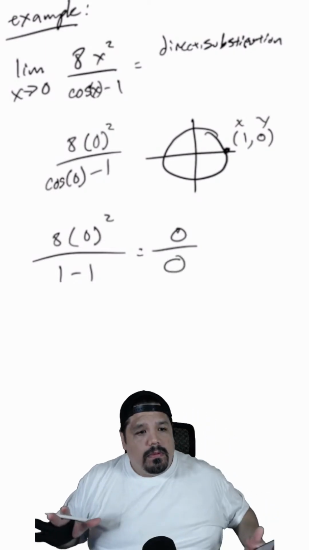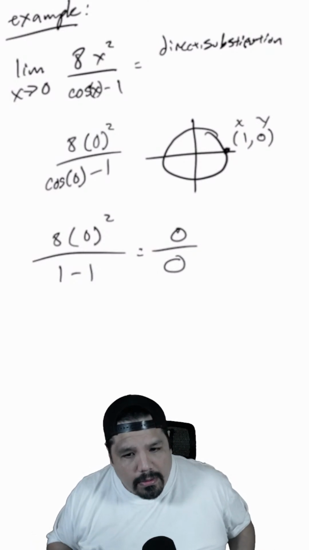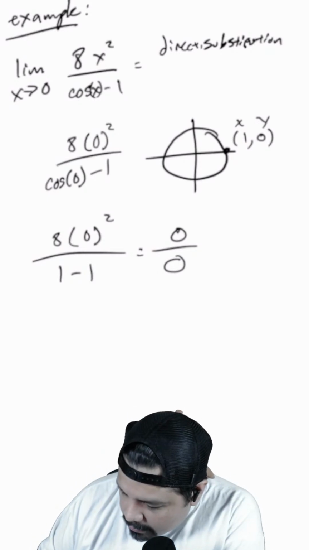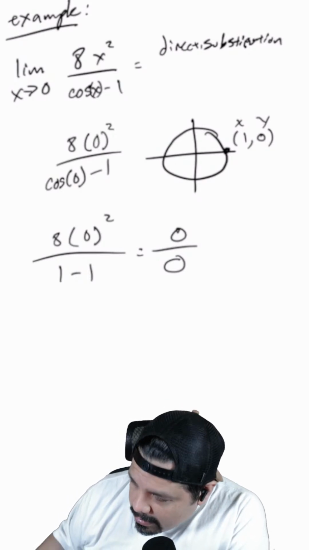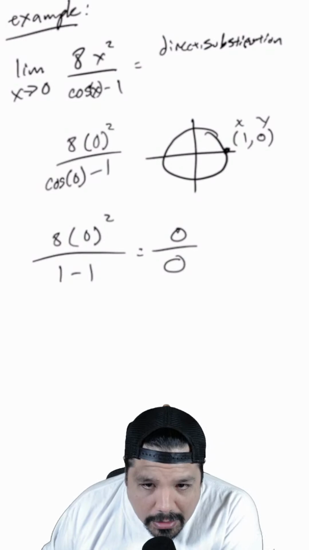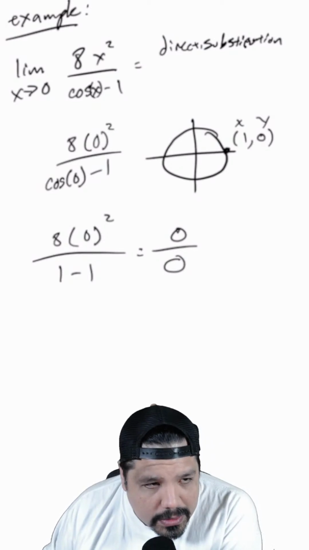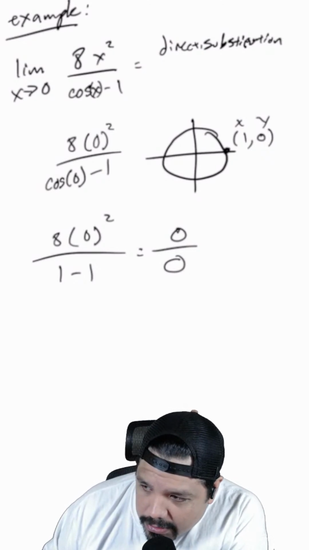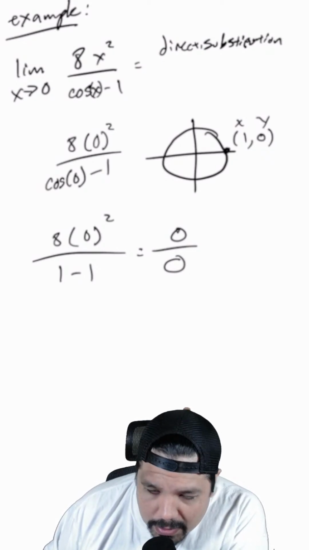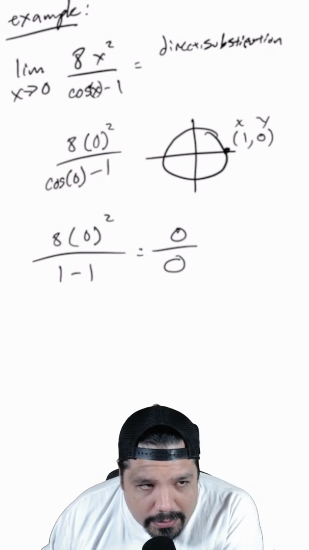Uh-oh. We can't divide by 0. We got this L'Hopital's situation. Let's take the derivative of the top with respect to x. And let's take the derivative of the bottom with respect to x.